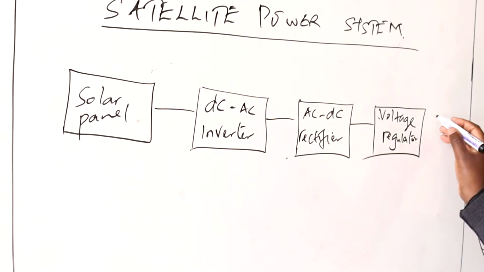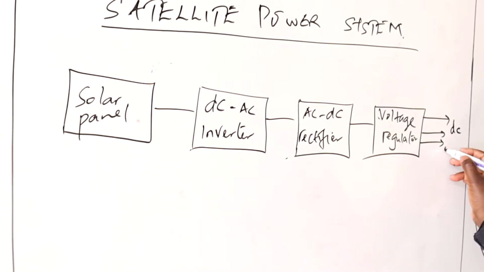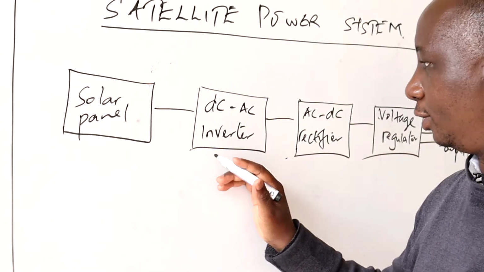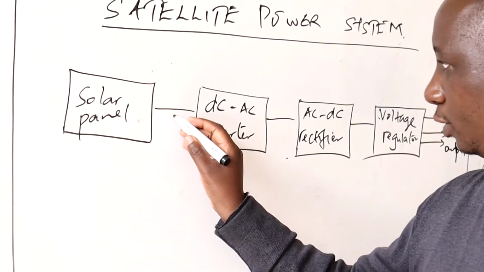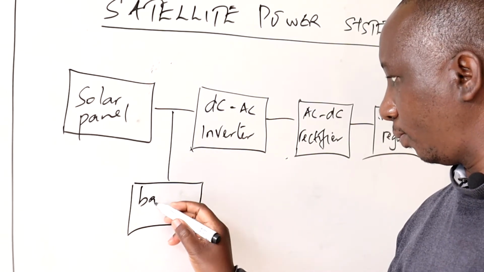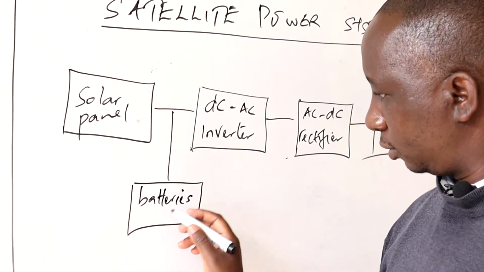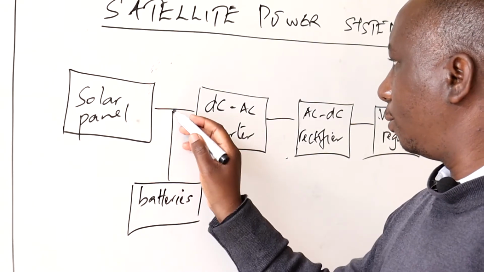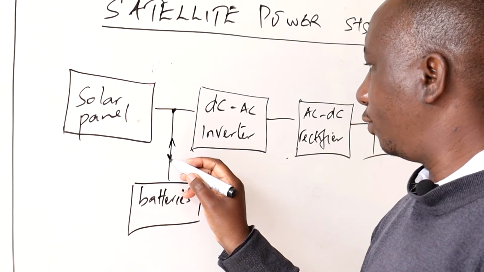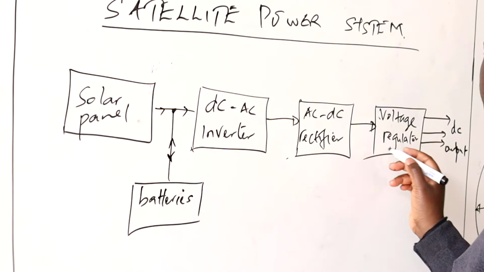And we have the DC outputs. Between the solar panel and the DC to AC inverter, we have the batteries for storage of charge. So we connect the batteries there. With the batteries, we have current flowing in two directions.